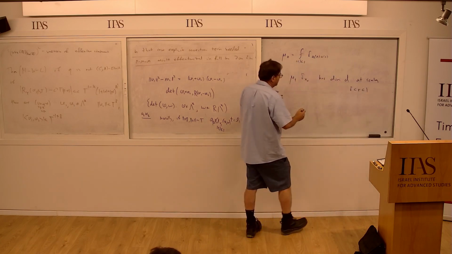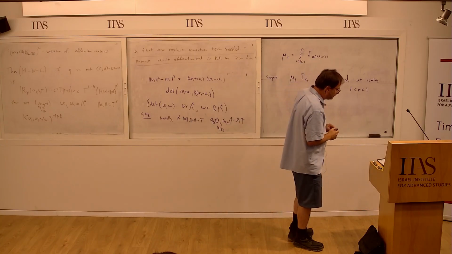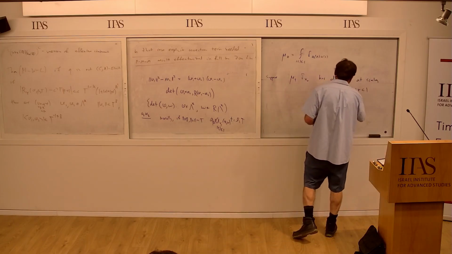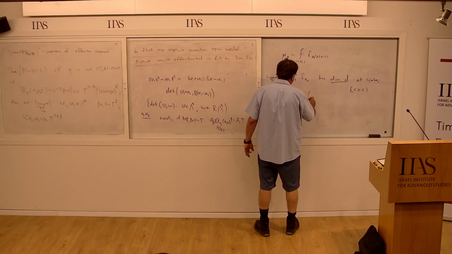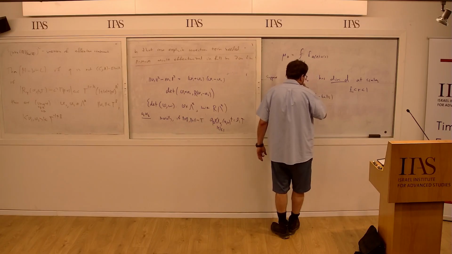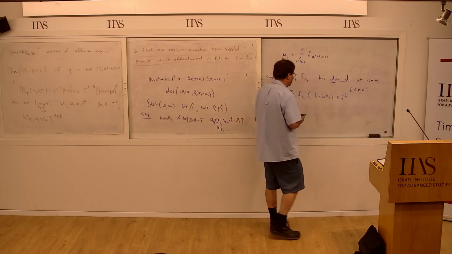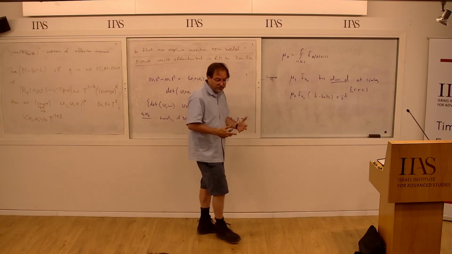Suppose I can establish this somehow. And what does dimension d at scale delta mean? In particular it means that most of the space can be covered by delta balls which have measure at most delta to the d. That's how effective dimension is defined.